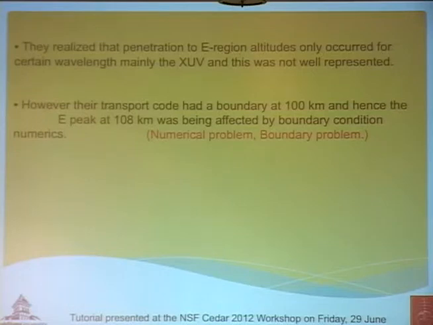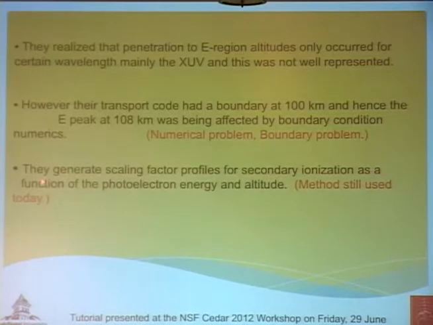And in their modeling work, this group realized that their boundary was 100 kilometers. And the peak of the E layer is 108 kilometers. It's only a couple of scale heights. And they themselves pointed out that probably their numerics aren't perfect. They have a boundary condition problem. So right away, they're sensitive to that.